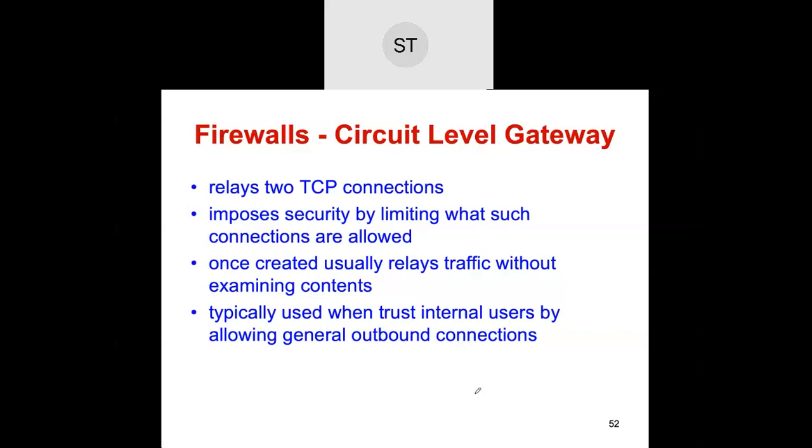Okay, and once the connection is established, it will relay the traffic. So it is typically used when the inside system has a small number of users and the functionality is completely defined. In that case, this can be applicable.